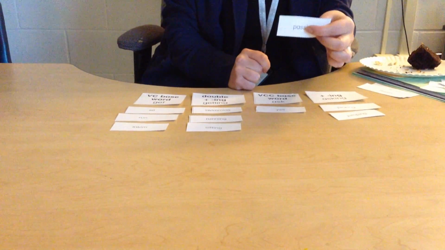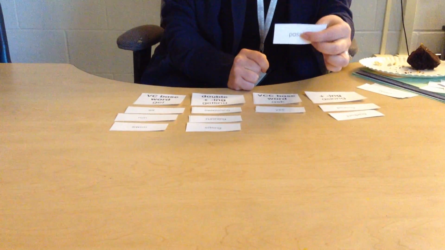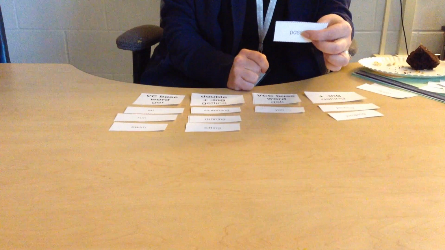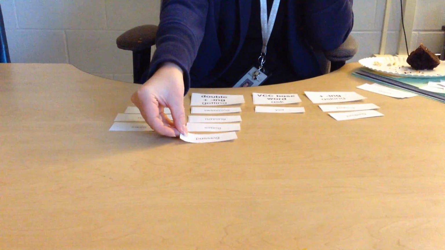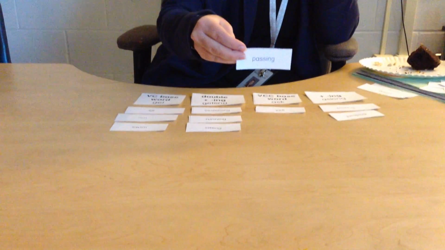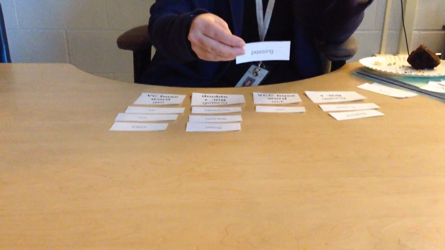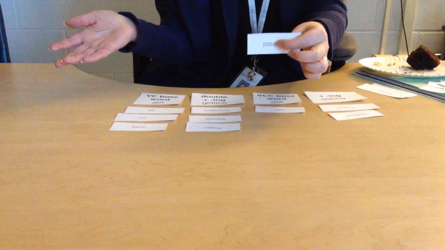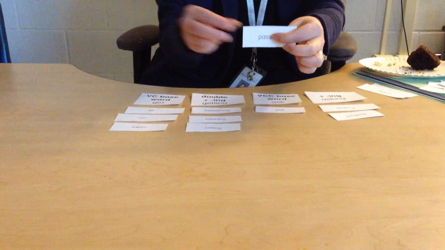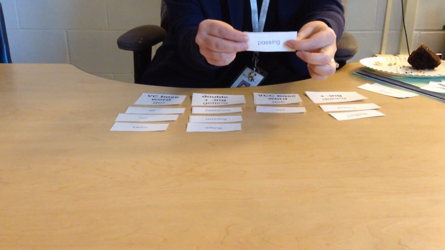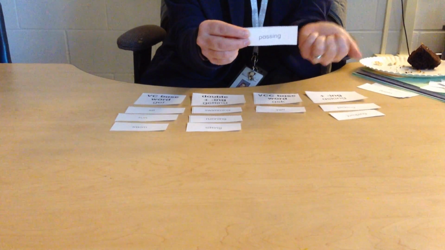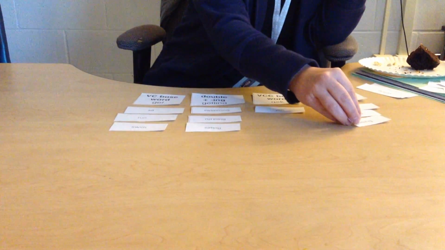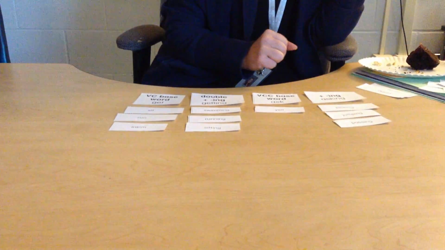Now, it gets tricky because those 2 consonants just so happen to be the same. So some friends like to put this in the double category because there are 2 S's. But you have to remember that the base word was already pass. So all we really did is we only added on that ING. We didn't have to add on another letter. It was already there. So this one does have to go in just the ING.